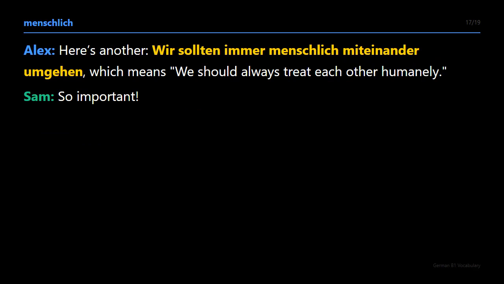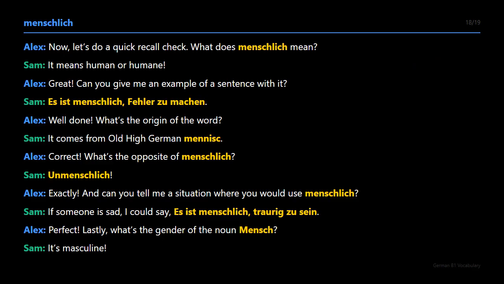So important. Now, let's do a quick recall check. What does Menschlich mean? It means human or humane. Great. Can you give me an example of a sentence with it? Es ist menschlich, Fehler zu machen.